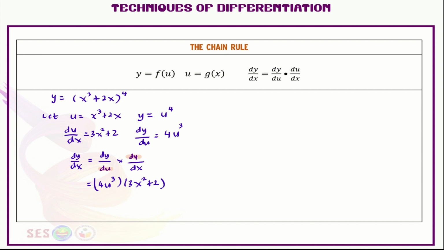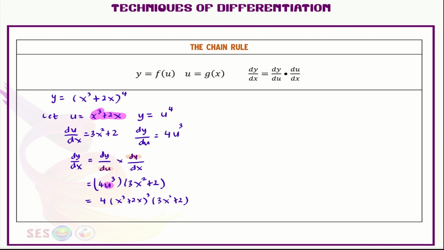We cannot leave the final answer in terms of u, so we need to substitute back this u with x cubed plus 2x. So the final answer should be 4 times x cubed plus 2x, to the power of 3, times 3x squared plus 2.